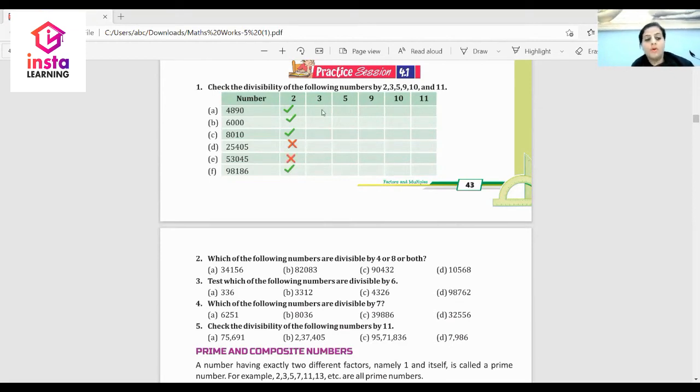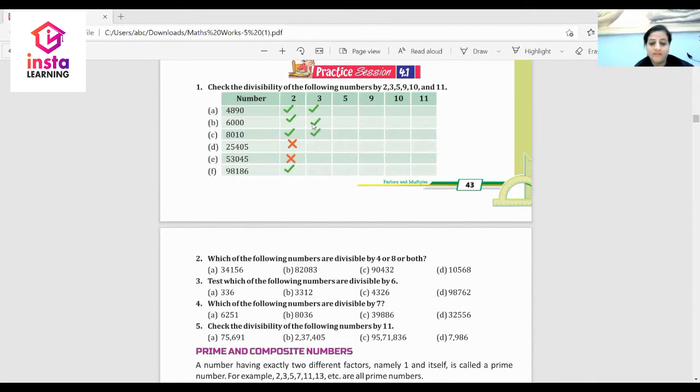Now what about 3? 3 is about when the digits of the number are added. If it is divisible, we will check its divisibility. Here it is divisible because 6 is there only. Here it is divisible.